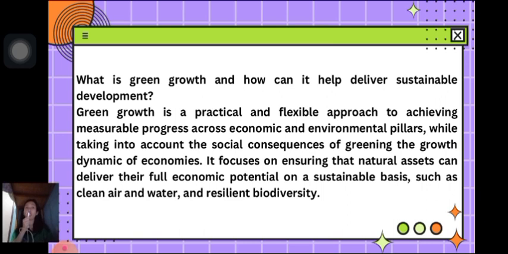That potential includes the provision of critical life support services, the clean air and water, and the resilient biodiversity needed to support food production and human health. Natural assets are not infinitely substitutable, and green growth policies take account of that.